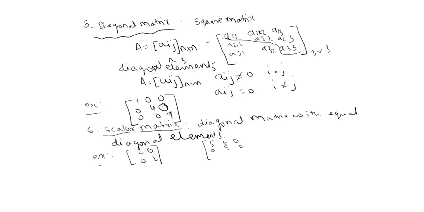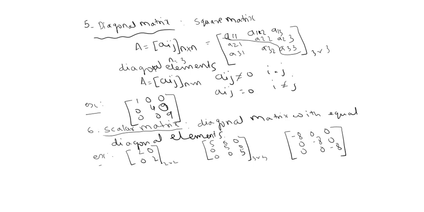The order of the first matrix is 2 by 2, the second is 3 by 3. Next, minus 8 0 0, 0 minus 8 0, 0 0 minus 8. This is a scalar matrix.